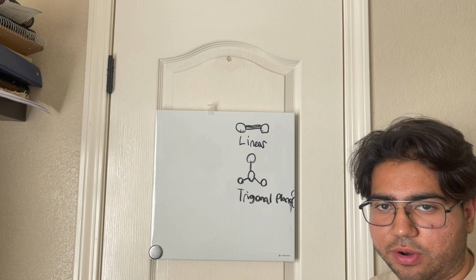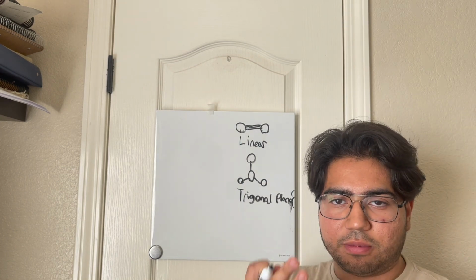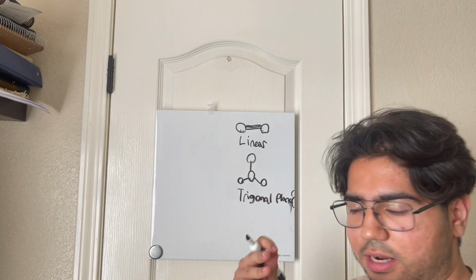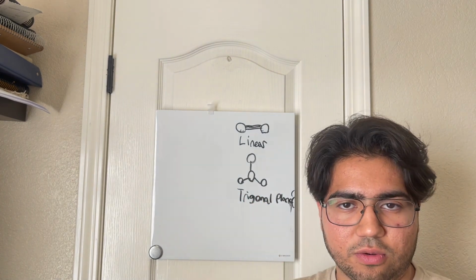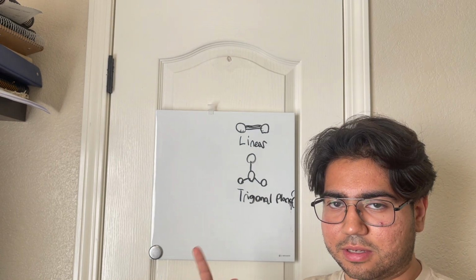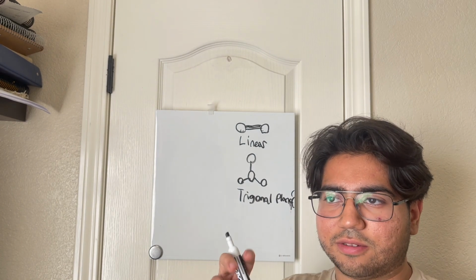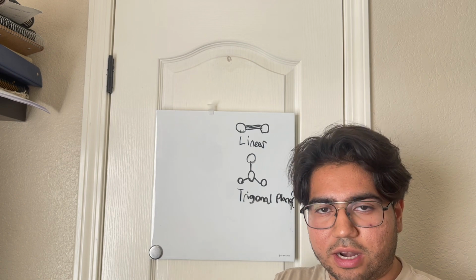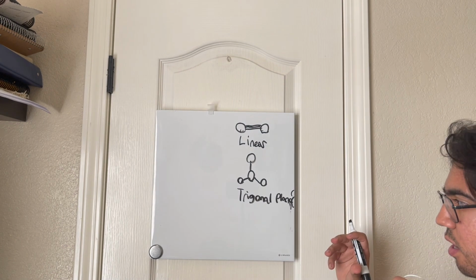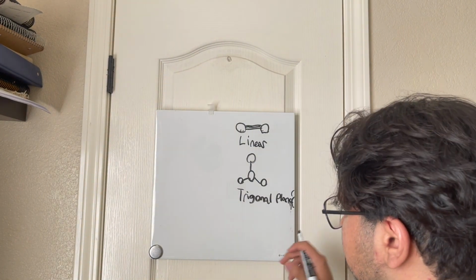Pretty straightforward. You have three atoms connected to a central atom, that's trigonal planar. I like to think it's flat. We'll see variations and how the names differ, but right now we're just going over the electronic geometries. So this is trigonal planar.